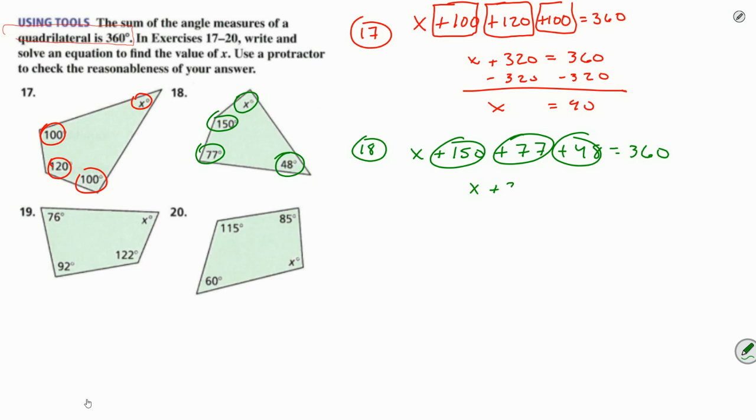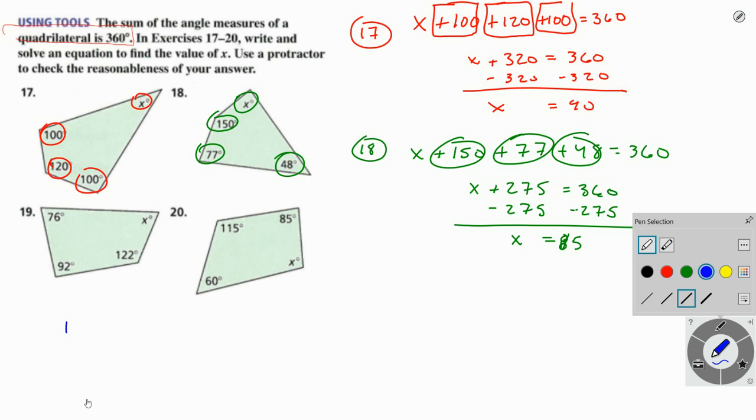Get x plus 275 equals 360. We do an inverse operation, minus that, minus that. And get something like x equals, ooh, that's a weird one, 85.